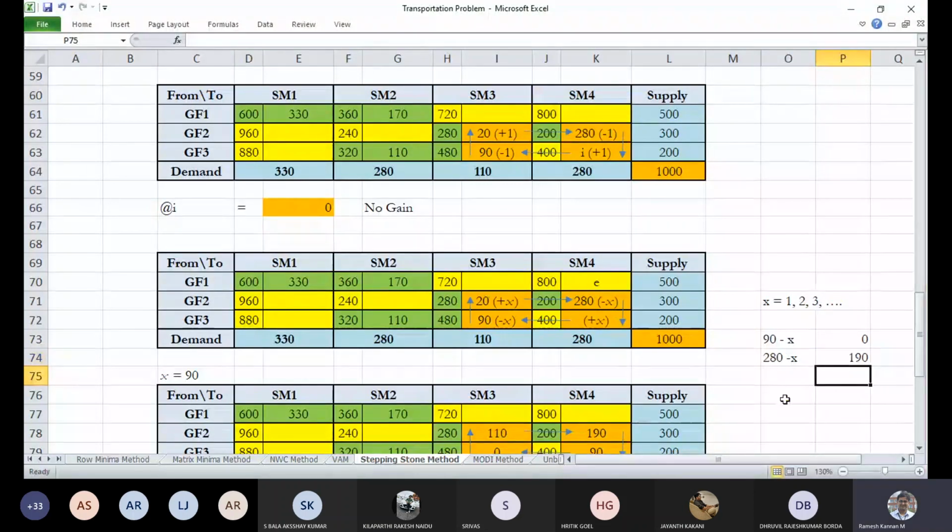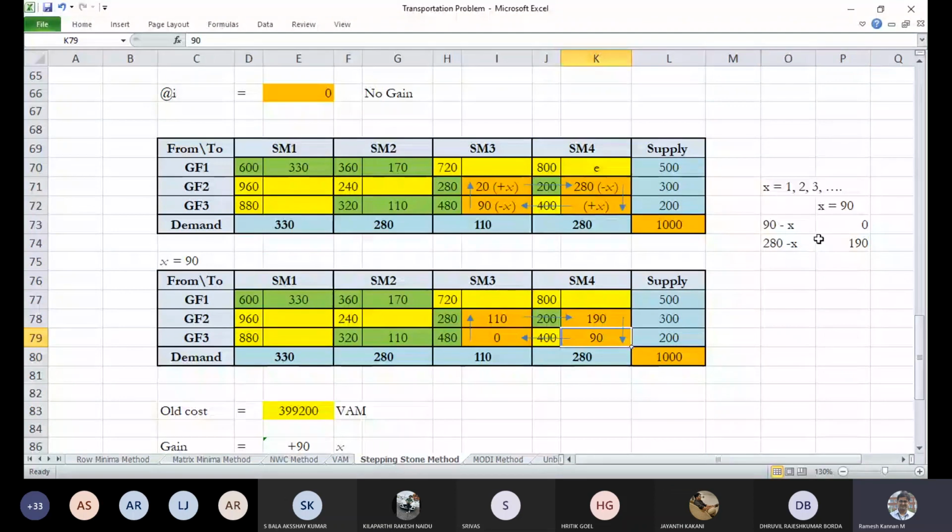So we know that x is 90. Then when we provide 20 plus 90, this becomes 110, and 280 minus 90 is 180, and this is x equals 90, and then 90 minus x is 0, so this is a modified table. Now we can take a look at this allocation. This is what we got from BAM. And then let's take a look at whether it is an improved allocation or something like that.